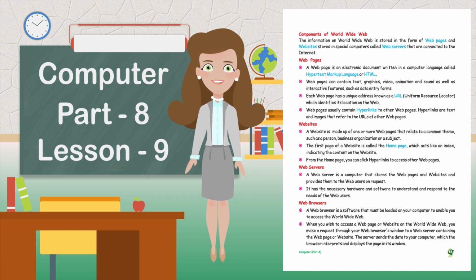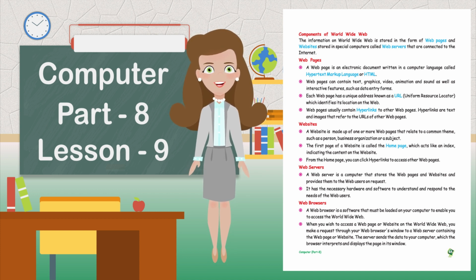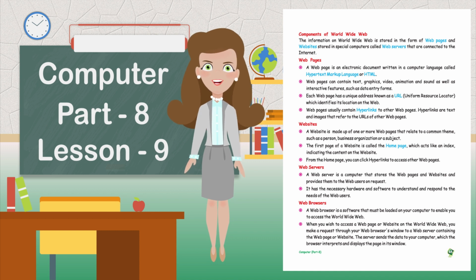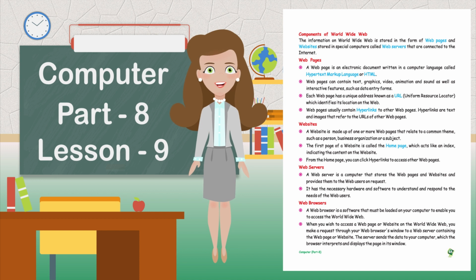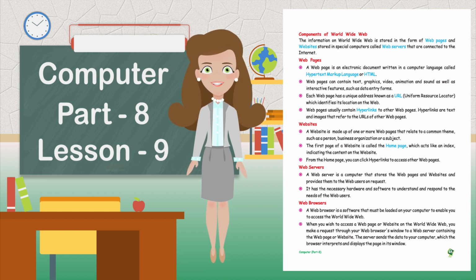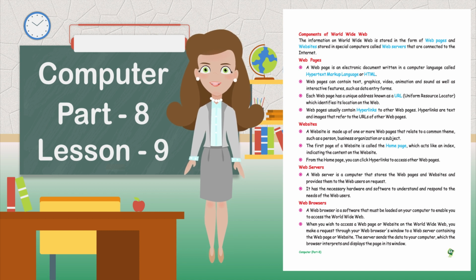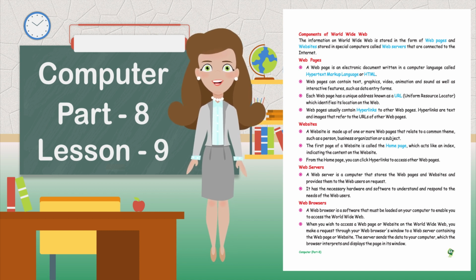Websites. A website is made up of one or more web pages that relate to a common theme such as a person, business organization, or a subject. The first page of a website is called the home page, which acts like an index indicating the content on the website.